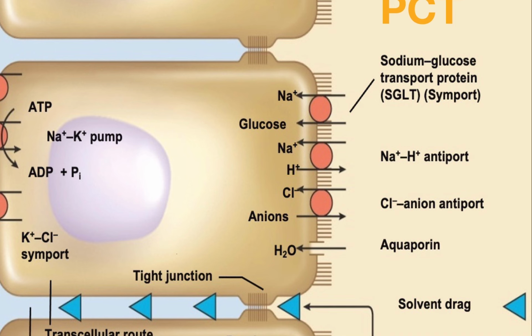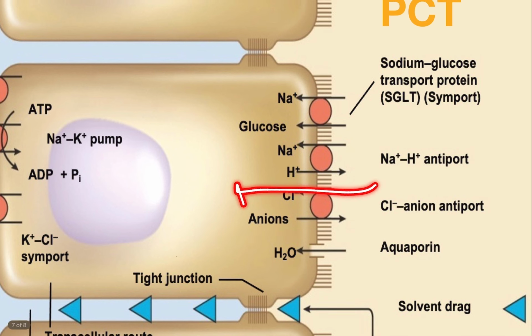Chloride does not willingly want to go inside the cell. So here's what we're going to do. We're going to use a chloride anion antiport. We're going to shove anions, which are basically molecules with negative charge, outside to the tubular fluid, and in exchange shove chloride molecules inside. So sodium and chloride can be together.